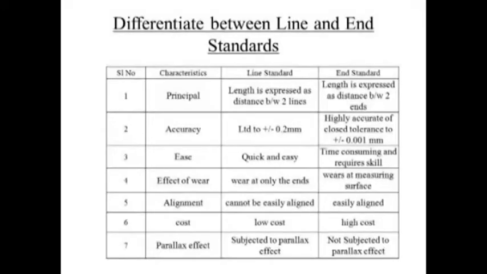And now characteristics like principle, accuracy, time of measurement, effect of wear, alignment, manufacturing and cost, and parallax effect. So these are the various characteristics of line standards and end standards. Okay, I hope everyone understands this line standard and end standard concept.